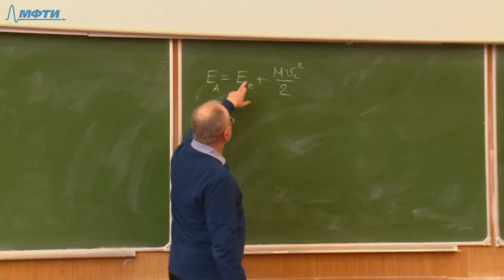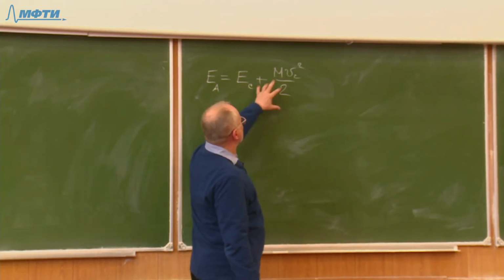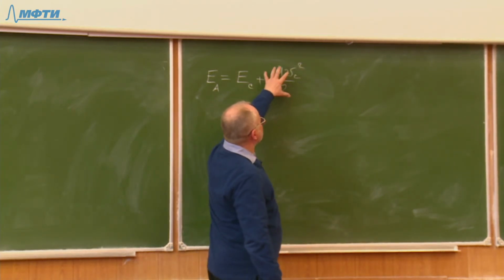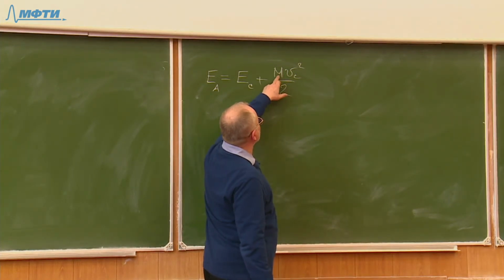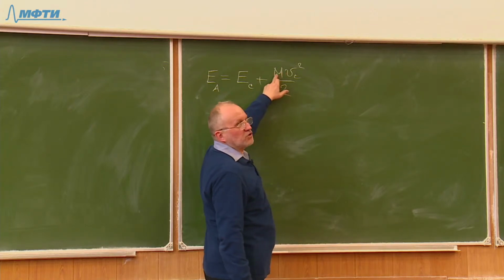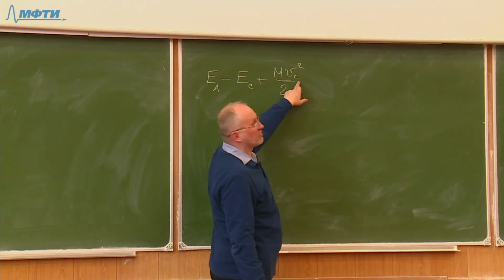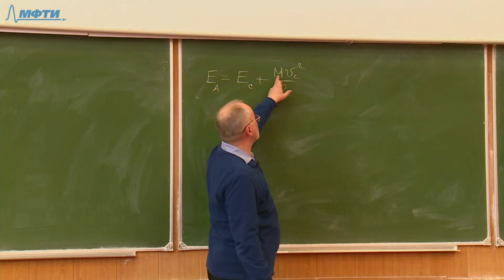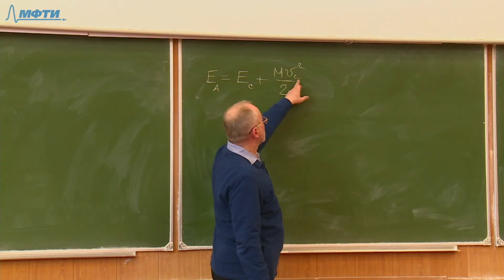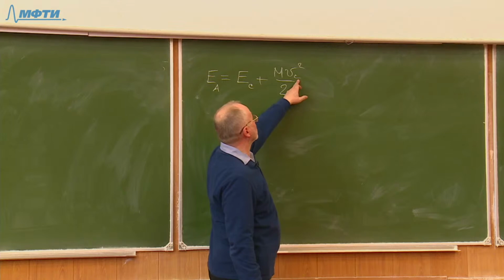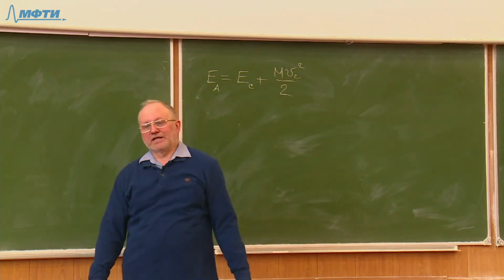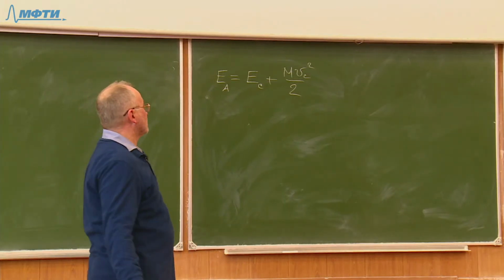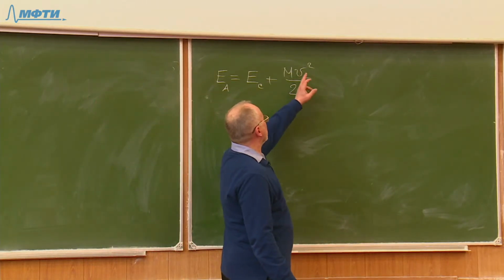That will be the energy in the center of mass system plus the kinetic energy such that, if the whole mass of the body was concentrated in its center of mass, then this is the kinetic energy of motion of mass having the velocity Vc.